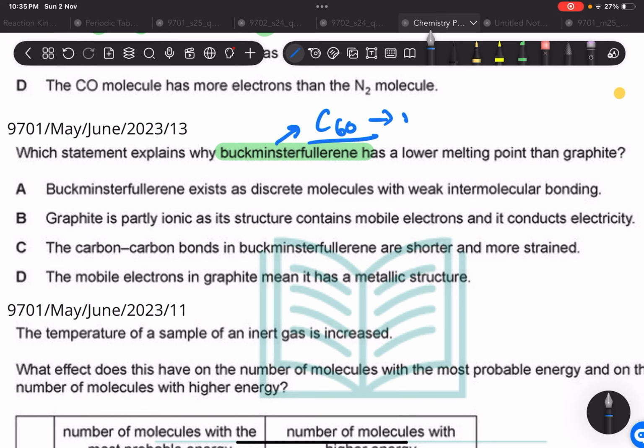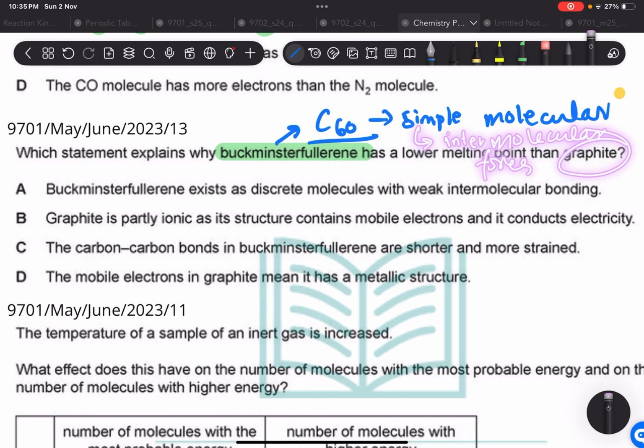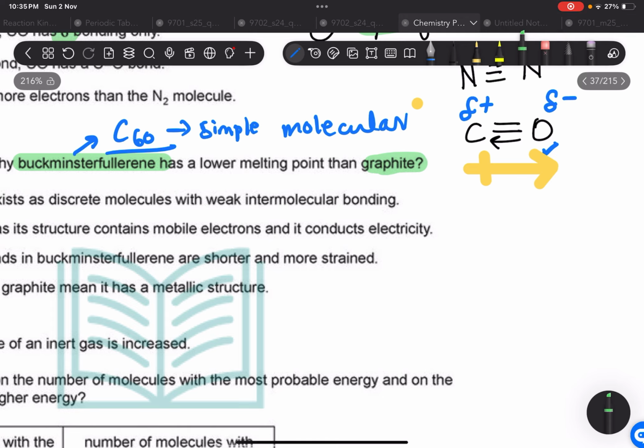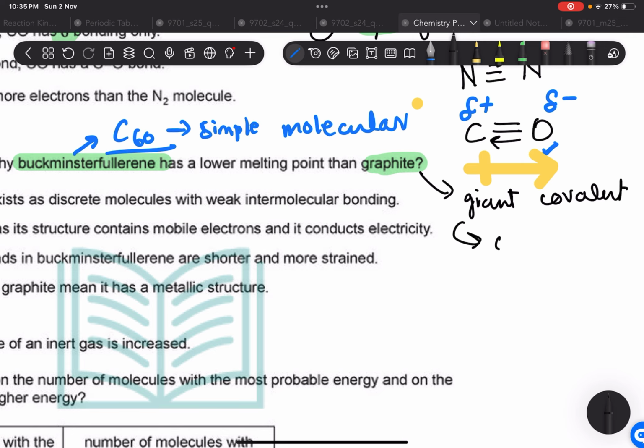When something is simple molecular, it has weak intermolecular forces, whereas graphite has a proper giant covalent structure. Graphite is going to be giant covalent, and what do you have to break if you need to melt graphite? You have to break the covalent bonds, which are going to be hard.